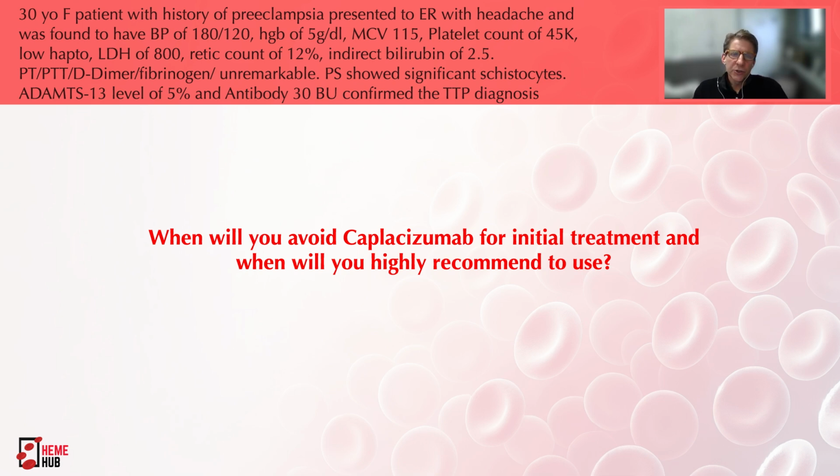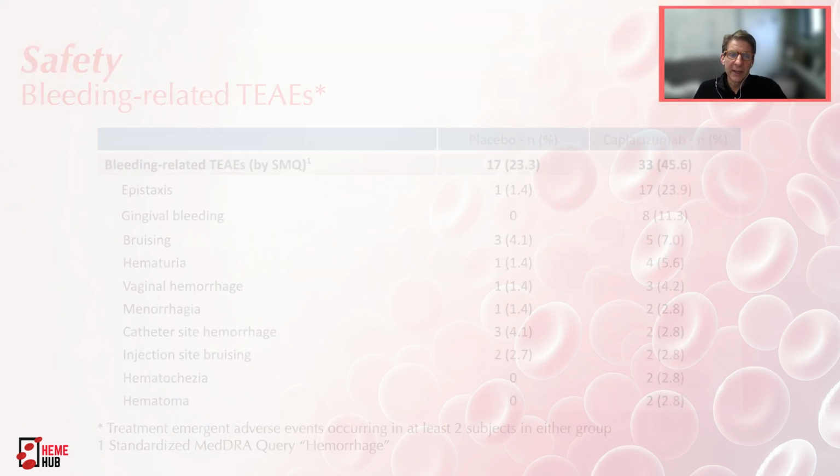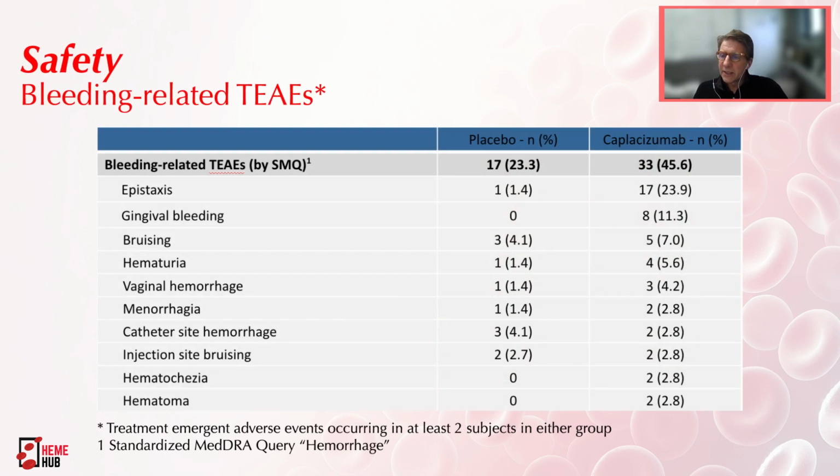So at our institution, and many institutions, it will be given to all patients unless you have a concern for bleeding. So we always have to talk about side effects, and you're interrupting the platelet VWF axis. You're interrupting the formation of microthrombotic disease. So if you will, what you're doing is inducing a form of von Willebrand disease. And that's not something great, but it's certainly better than the alternative of this massive prothrombotic state of TTP.